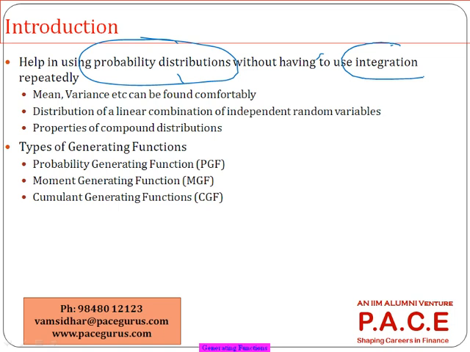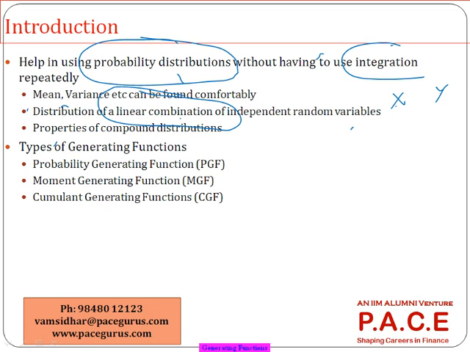And the biggest advantage of these generating functions comes especially if I have the distribution of a linear combination of independent variables. Say I talk about not just x, but two variables x and y. X is following a Poisson distribution, y is following, let's say, a log normal distribution.